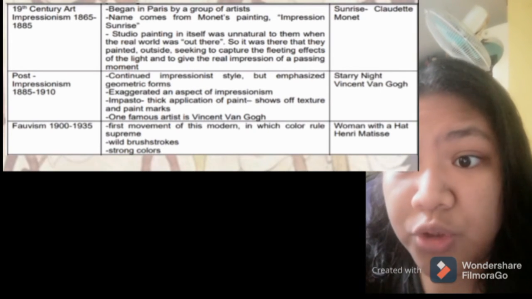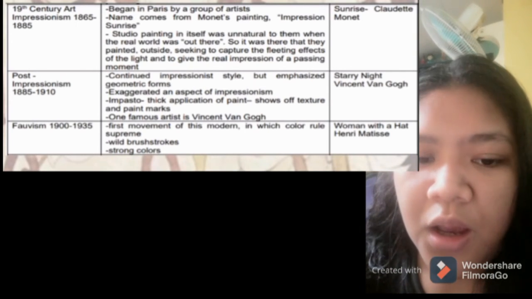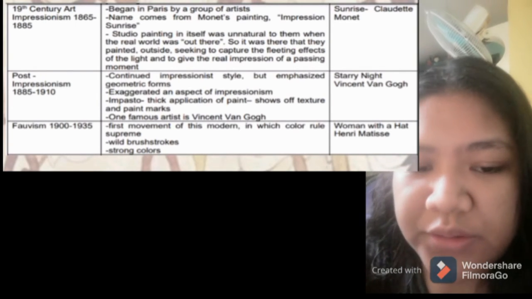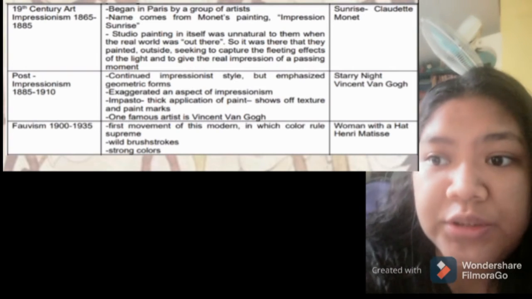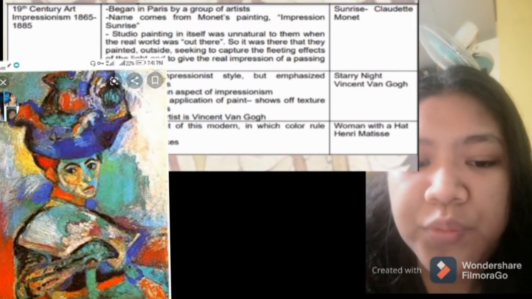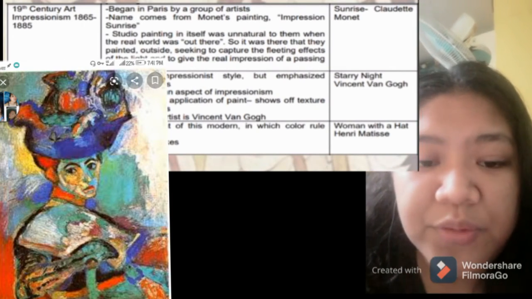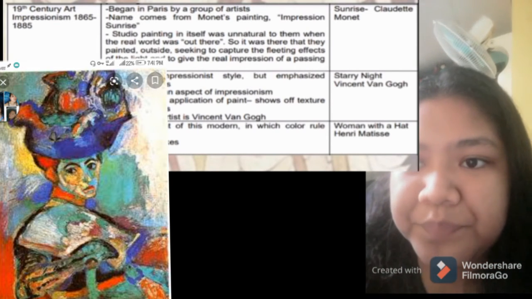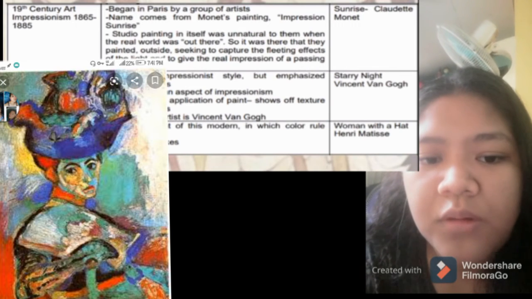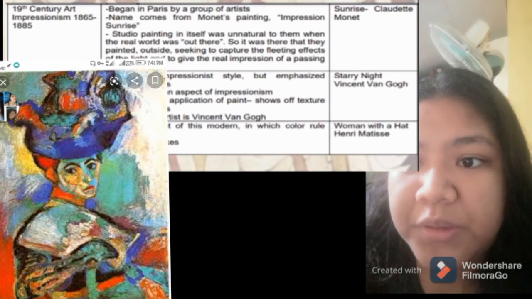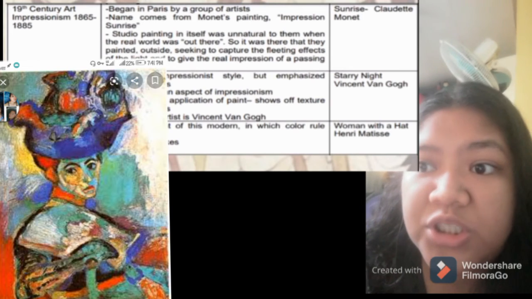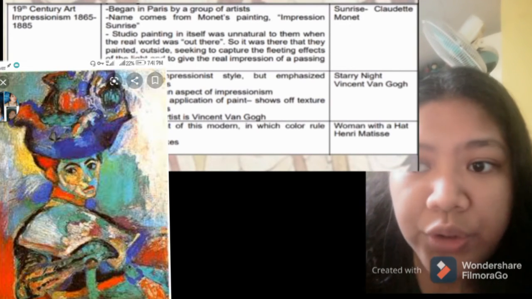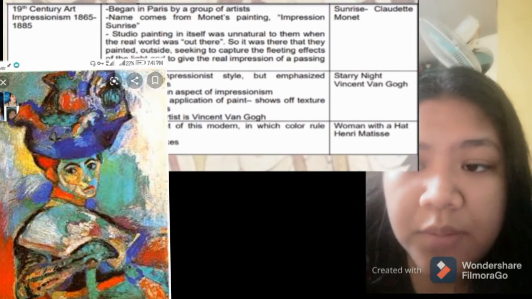So, dito na po applicable yung color rules supreme, wild brush strokes, strong colors. So, ang example po dito ay Woman with a Hat by Henri Matisse. Kung nakikita niyo po, andyan po yan. Yan po yung binigay na example as Fauvism, which is true because of the strong colors in the painting.